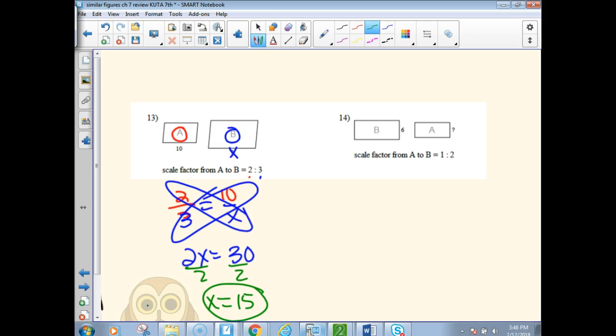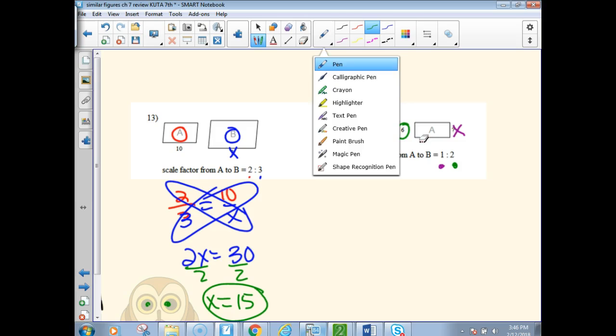I don't know why we have a little L here, but hello, Mr. L. On the next one, it's the scale factor from A to B is 1 to 2. Okay, now 1 is on the A. So that's X is what I need to find. And then I've got B, I'm going to make green. A to B. B, this is green.